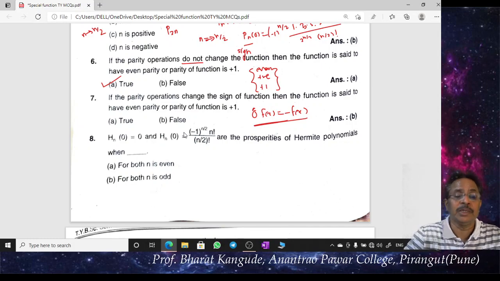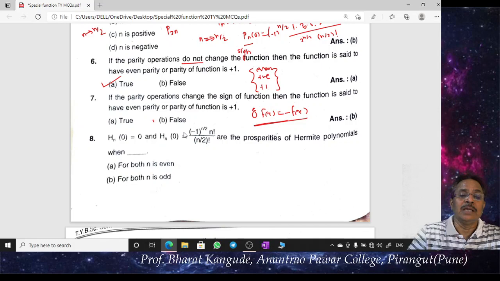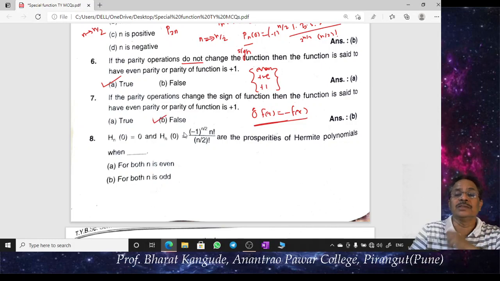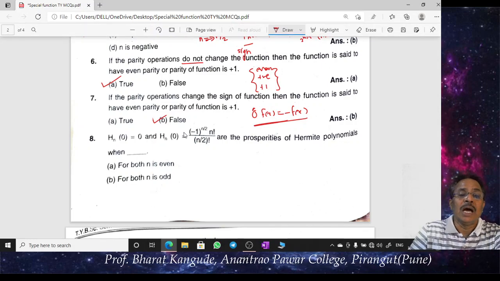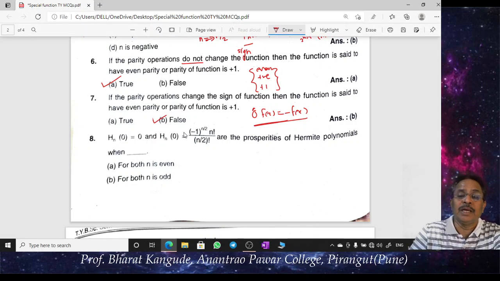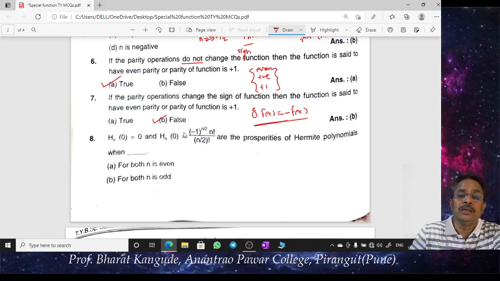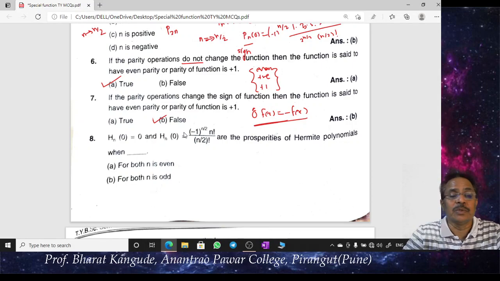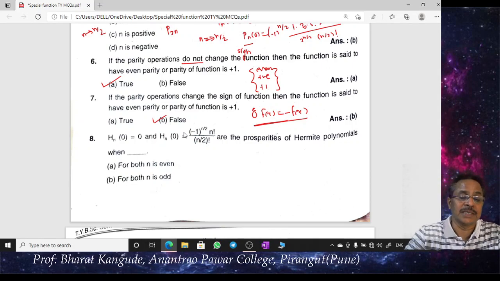That is a wrong statement, the false statement. The correct statement is that if the parity operation changes the sign of the function, then the function is said to have odd parity, or the parity of the function is minus 1. So even parity, odd parity, plus 1 parity, minus 1 parity are the different terms used in mathematics to understand this.